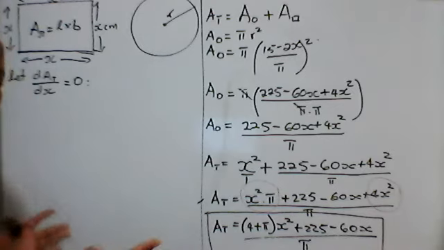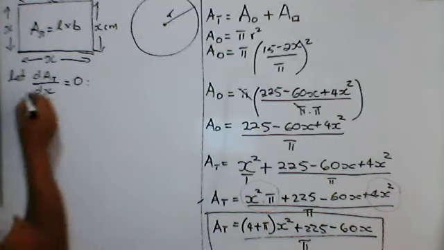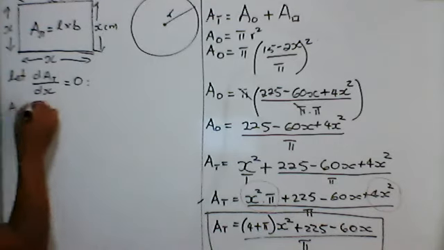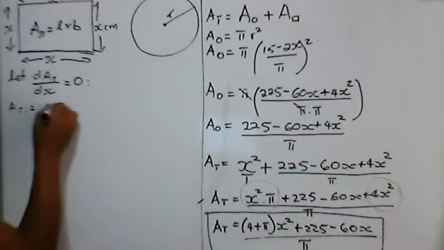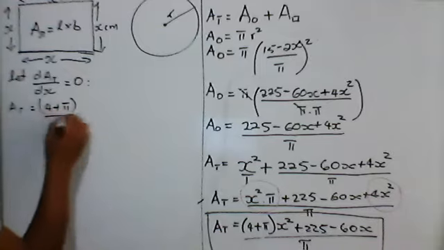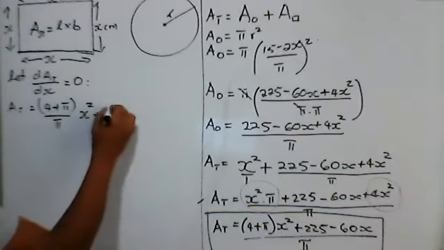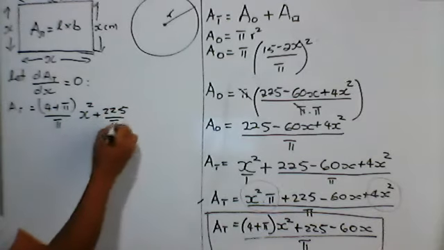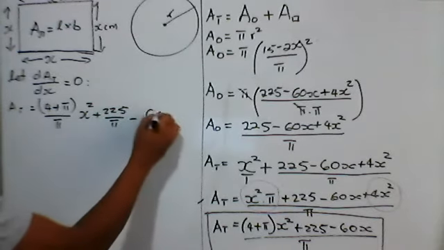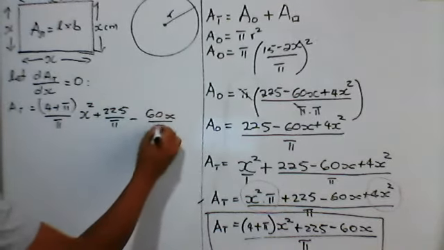It's simpler that way, and you will know what you are doing. So your A total can be rewritten as (4 plus pi) divided by pi, x squared, plus 225 divided by pi minus 60x divided by pi.